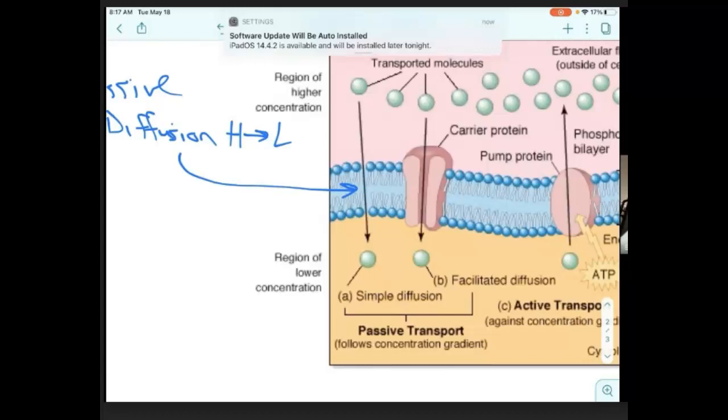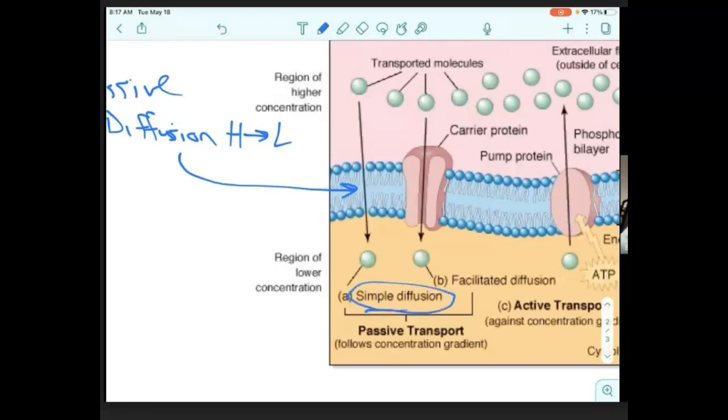No, the chihuahua's going to come right out, and they would probably kill you, but they're small. So simple diffusion, let's go ahead and circle that. That's called simple diffusion because the chihuahua doesn't even notice the phospholipid bilayer. It doesn't notice the fence. It just simply diffuses from high to low.